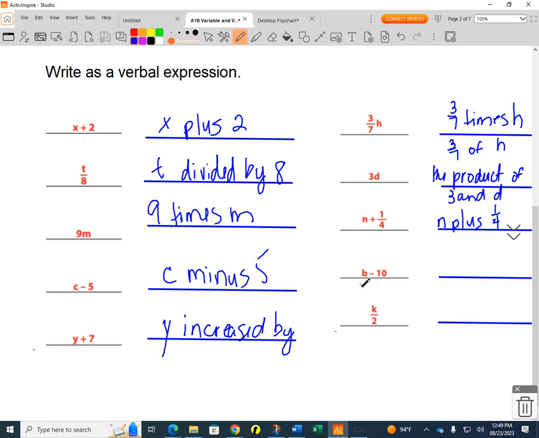Alex, can you tell me how to translate this next one? Yep. B minus 10. Minus and that subtraction symbol are so interchangeable. My brain was translating it, keeping that minus because they're so interchangeable. Aiden?